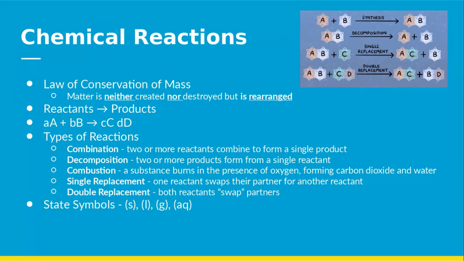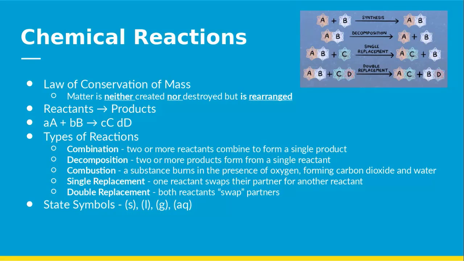And then you have single replacement, meaning you have, say, two reactants. One is a compound and one is a single atom, and it just swaps pairs. One of the atoms comes out, the other one comes in, and that's what you get on the product side.